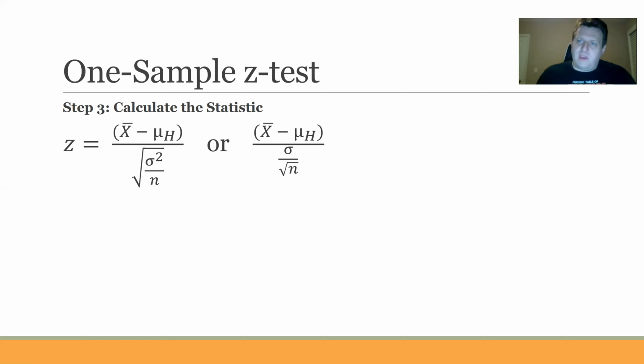The only difference between this formula and calculating a z-score is we're subtracting a sample mean from a population mean instead of subtracting a raw score value from a mean. And the other difference is in the denominator: instead of just having the standard deviation, we have the standard deviation over the square root of n.